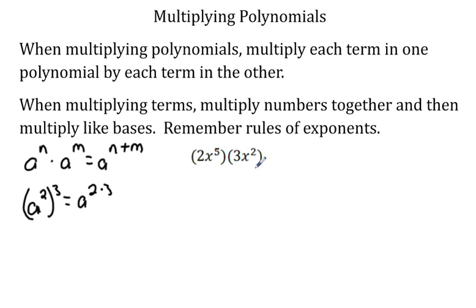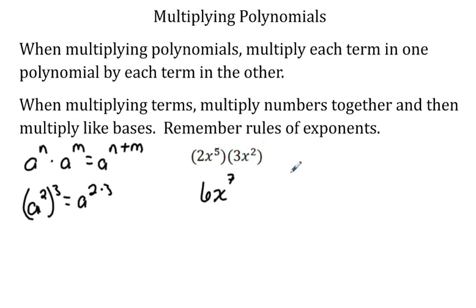So when we're doing this, we multiply the numbers first. 2 times 3, and that gives us 6. Then we multiply like bases. So x and x. x to the 5th times x squared is x to the 7th. A lot of students make the mistake of saying 5 times 2 is 10.